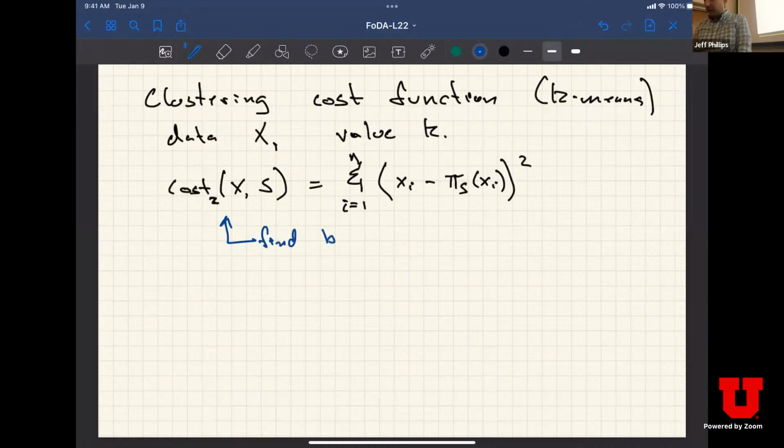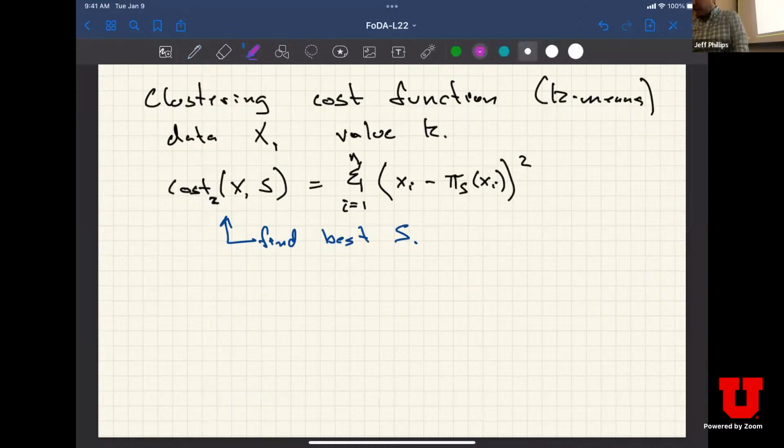We want to find the best S. S is going to define the clusters, and this should look basically the same as the formulation of the dimensionality reduction problem. A sum of squared errors with the projection onto some object, right? In dimensionality reduction, that object we wanted to be a low dimensional subspace. That was our goal. In clustering, it's going to take a very different form.